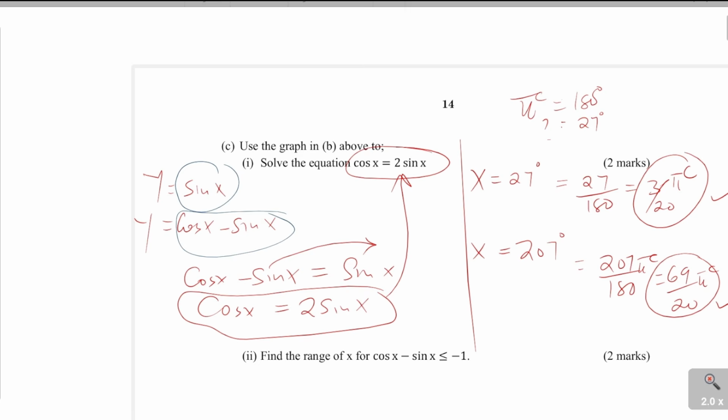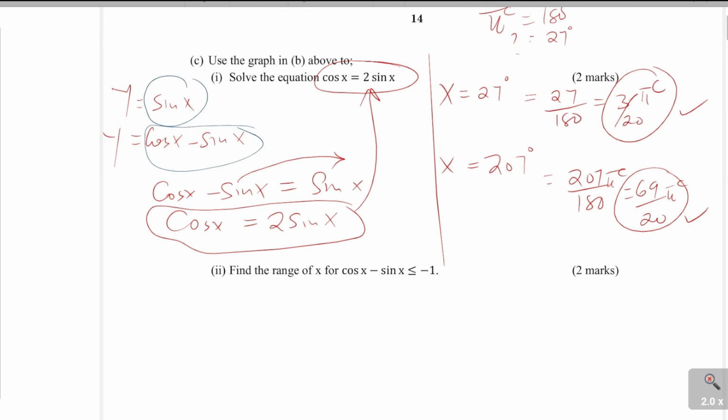Part 2 of the question: find the range of x for which cosine of x minus sine of x is less than or equal to -1. Just remember that cosine of x minus sine of x is y.